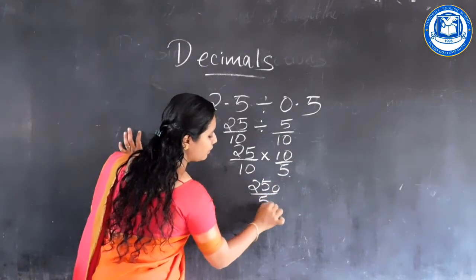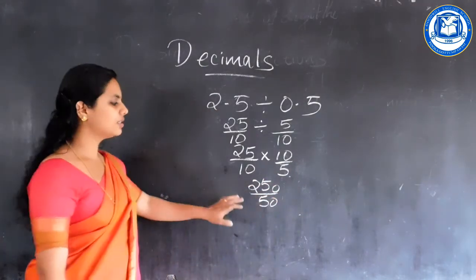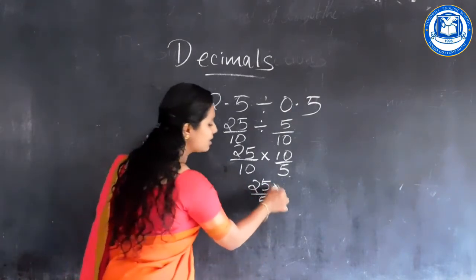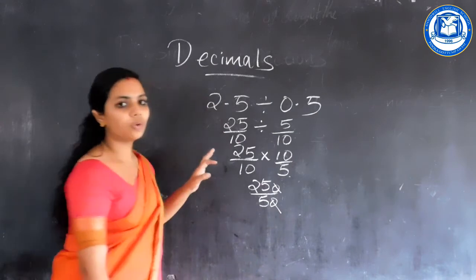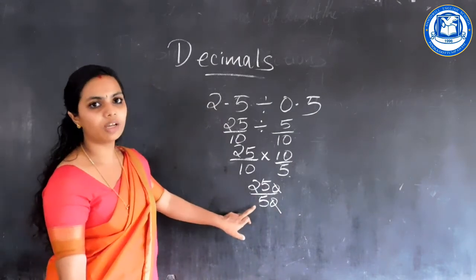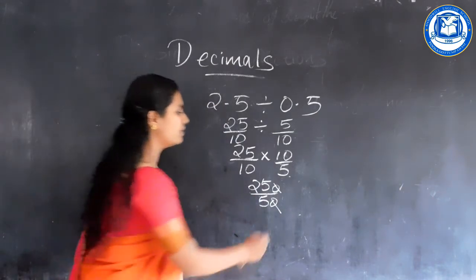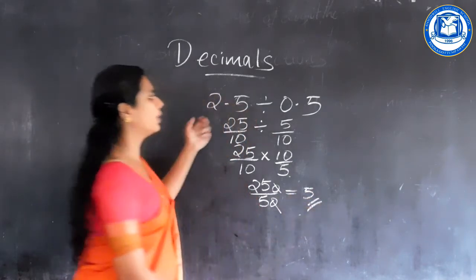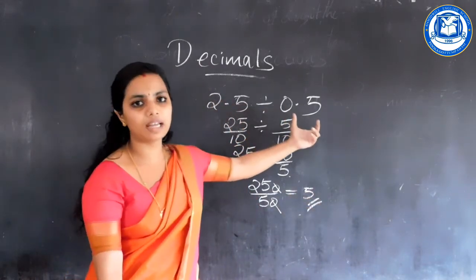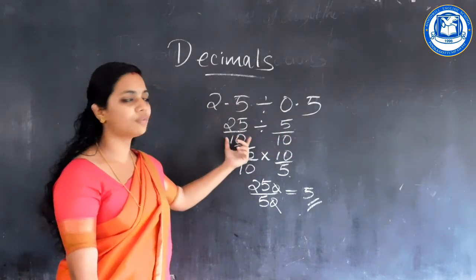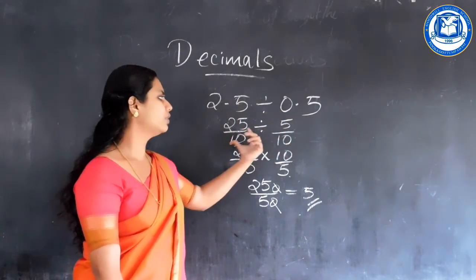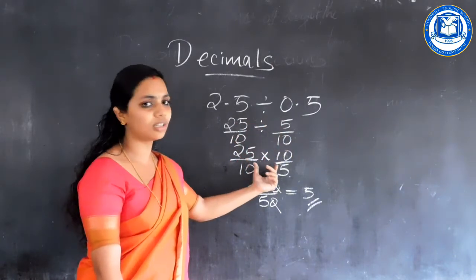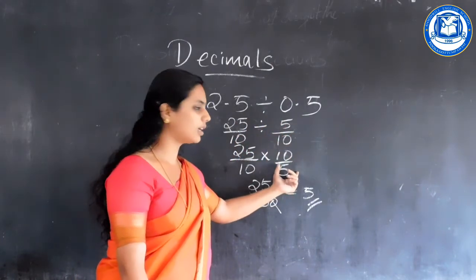250 by 50. Here in this answer, the numerator and denominator have 0. So we will cancel the zeros. Now 25 by 5, when we are reducing it to the lowest form, we will get the answer as 5. So when we are dividing two decimal numbers, first we must change them into fractions, and when two fractions are dividing, we must change the division into multiplication and take the reciprocal of the second number.